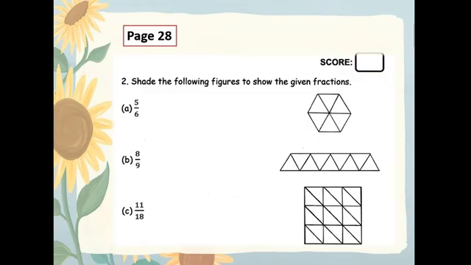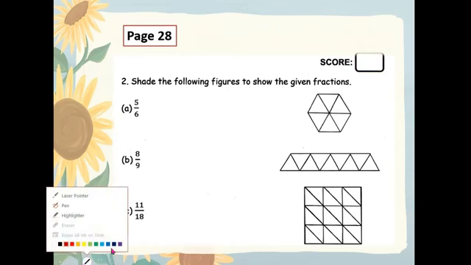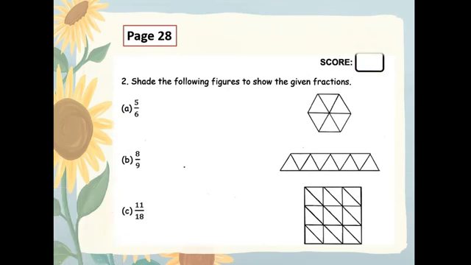Two minutes is finished. Okay, let's answer practice number 2A. Shade. So let's color 5 over 6. Color 5. So 1, 2, 3, 4, and 5.